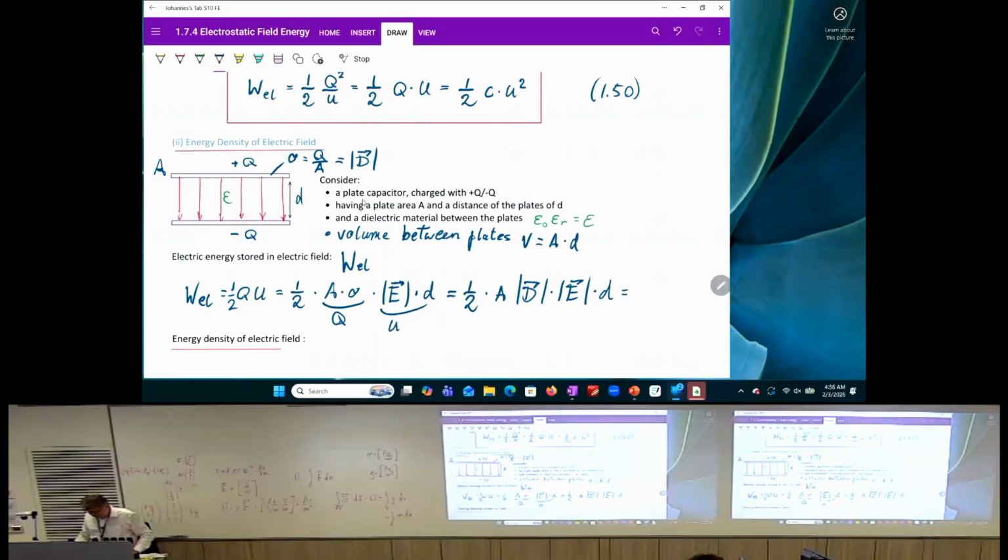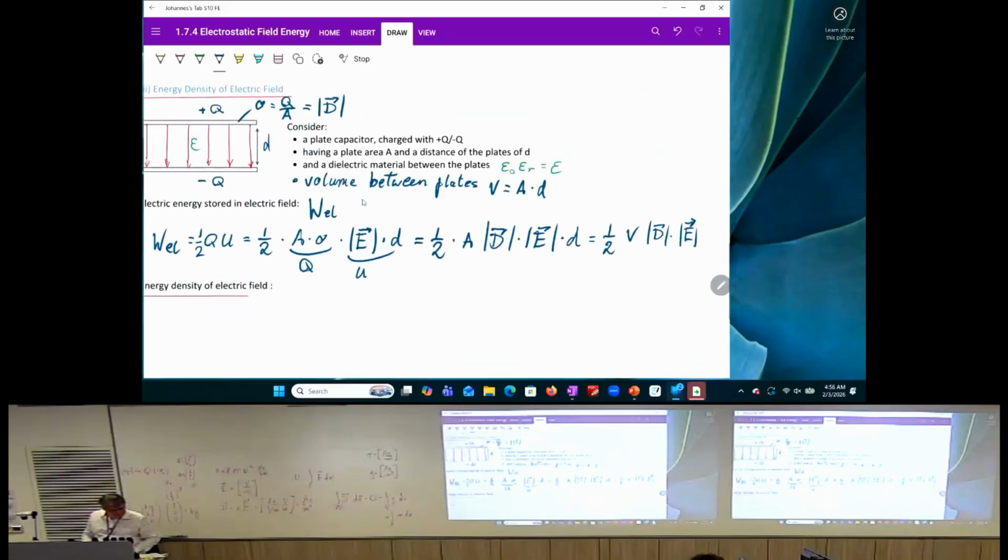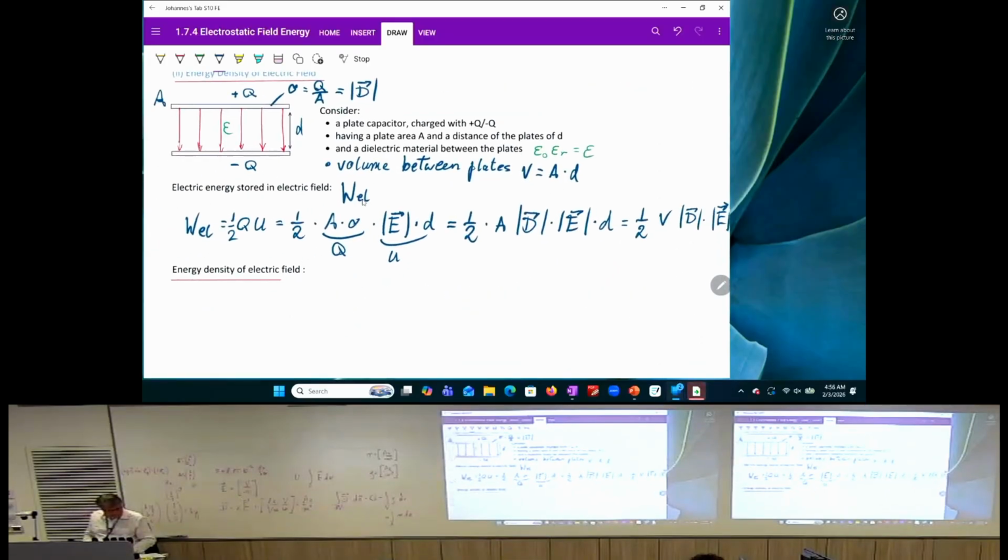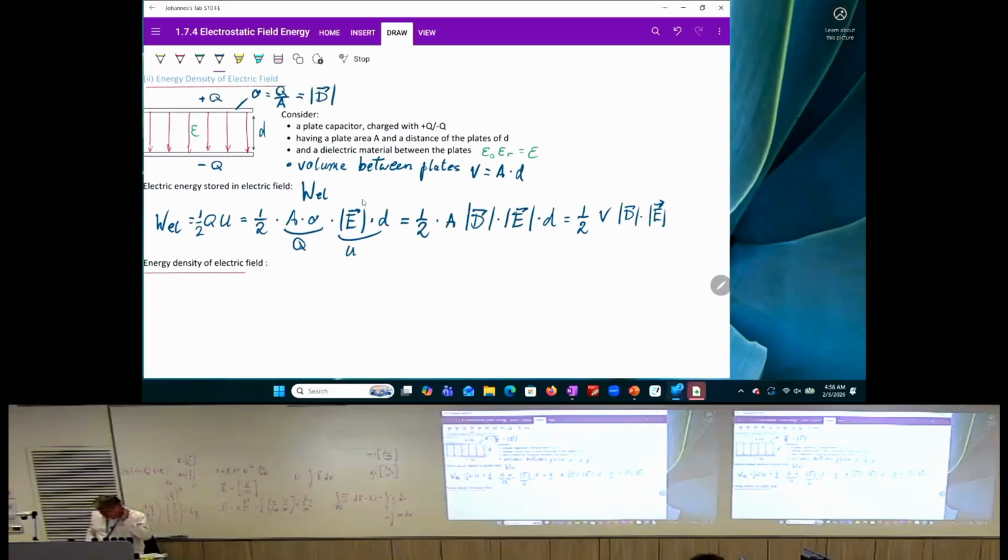And now you can take the product of the area of the plate and the distance, which is actually a volume. It's 1/2 the volume in between these two parallel plates of the capacitor times D times E.